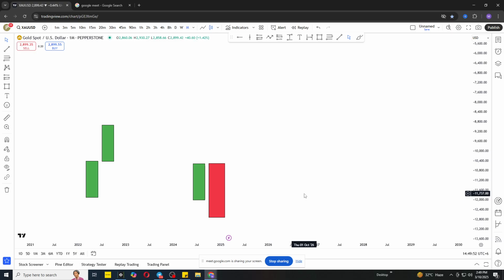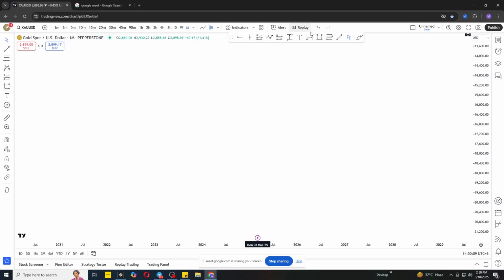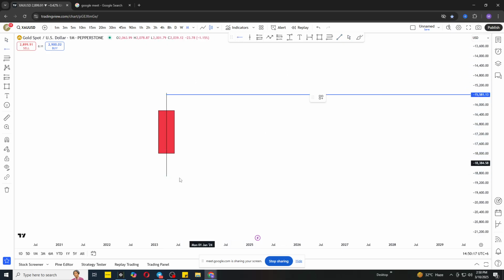So when we have a combination in the chart, we need something from that combination. If you have this red candle, we are going to mark the high and mark the low.